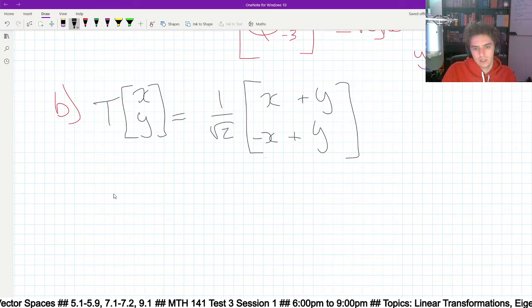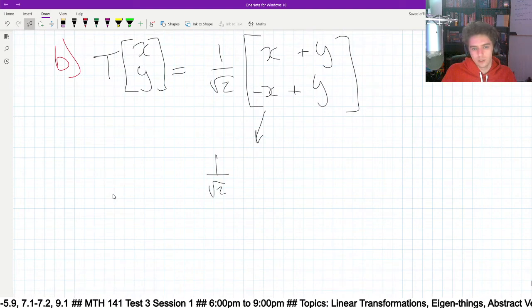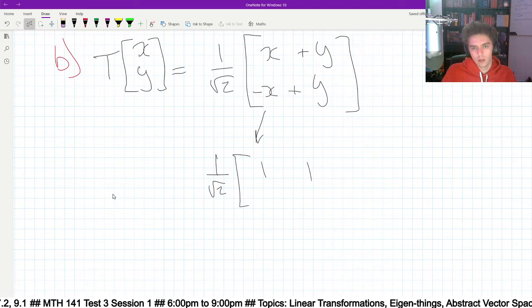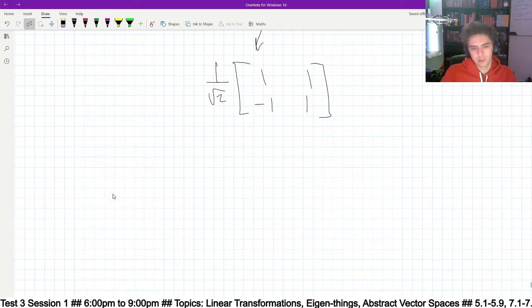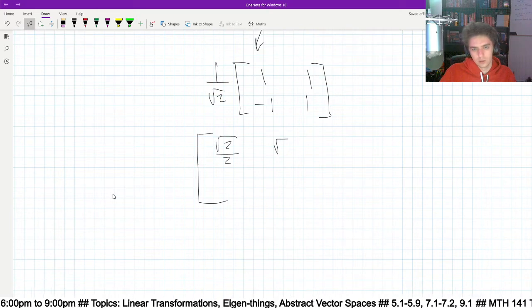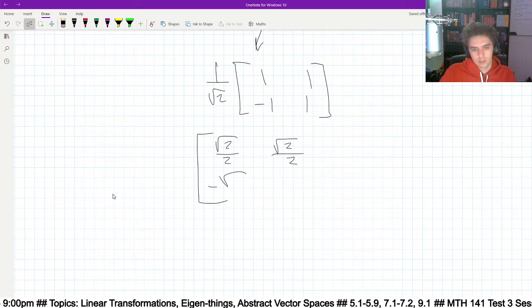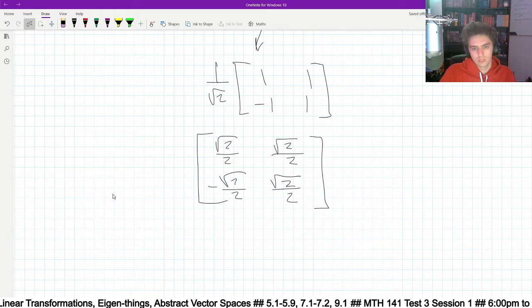That makes sense. So the matrix representation of this would be 1 over root 2 times 1, 1, negative 1, 1. I'll multiply that 1 over root 2 and turn it into root 2 over 2. So it's going to be root 2 over 2, root 2 over 2, negative root 2 over 2, root 2 over 2. Okay.